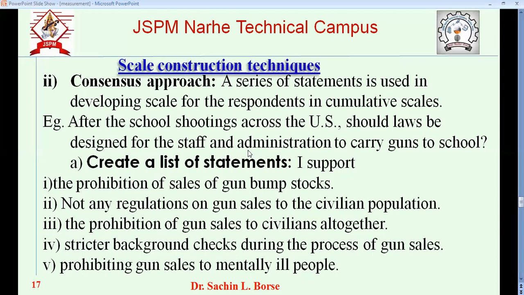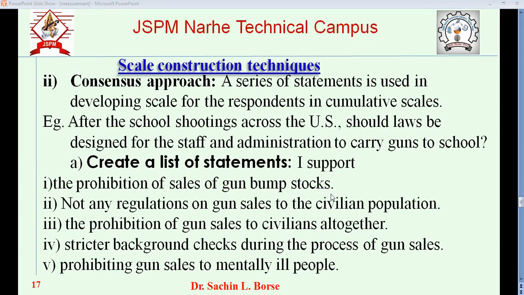Their purpose was to answer the question: after the school gun shootings across the United States, should a law be created to permit staff in the school to carry guns?